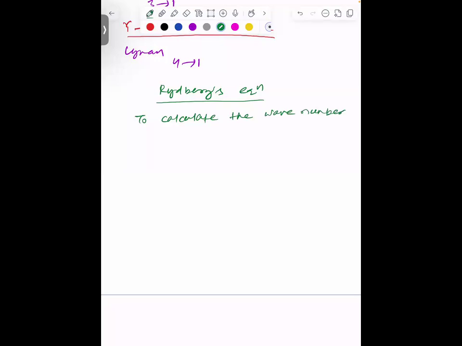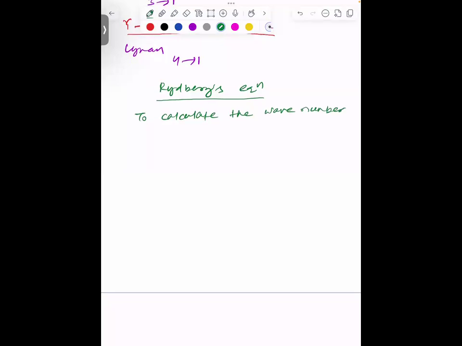That is 1 by lambda equal to RH Z square into 1 upon n1 square minus 1 upon n2 square.